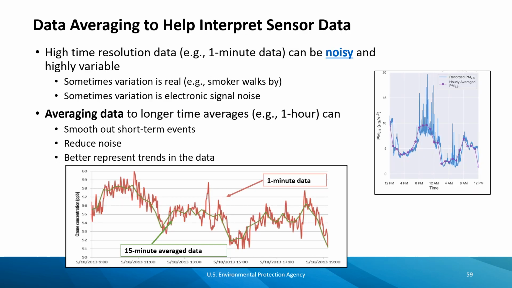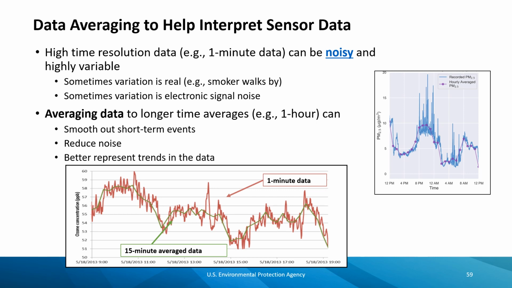Sensor data can be noisy and highly variable. Sometimes this variation is real, such as when someone smoking walks by the sensor. Other times, the variation can be caused by electronic signal noise. Averaging data can help reduce the influence of random error, smooth out short-term events, reduce noise, and better represent trends in the data.